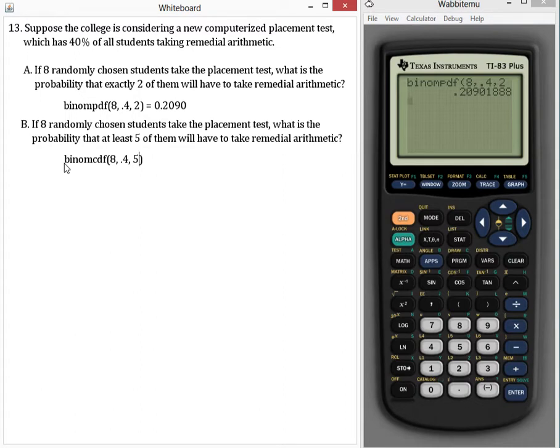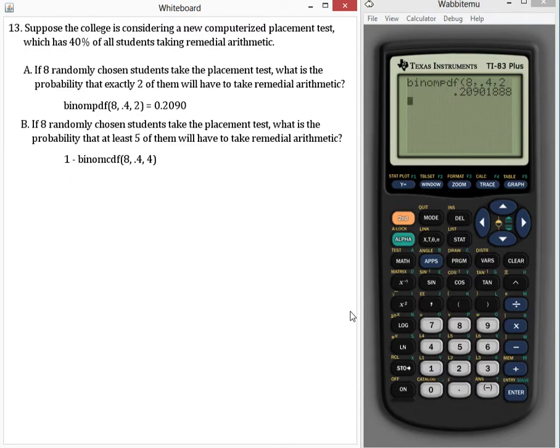The thing about this is it will start with 0 successes, find that probability, then go to 1 success, 2, 3, 4, and to 5, and it does 5, but it stops at 5. Then it adds the results together. At least 5 would be 5 or more. So the problem here is what we need to do is we need to stop this counting at 4 and do 1 minus that result.